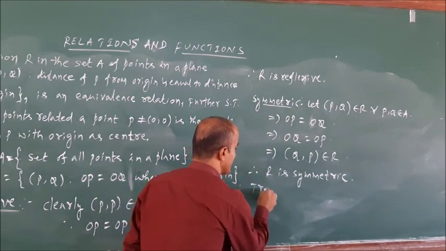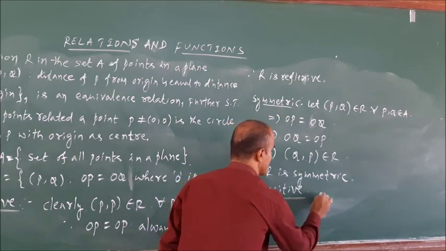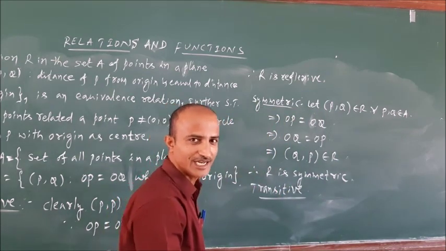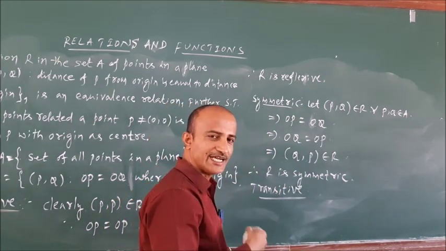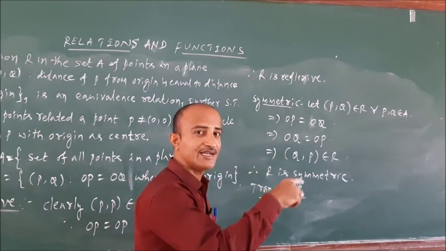Now we shall examine whether it is transitive or not. Obviously it is transitive, because we need to show what? It is an equivalence relation. Whenever we need to say it is an equivalence relation, it should be reflexive, symmetric and transitive.